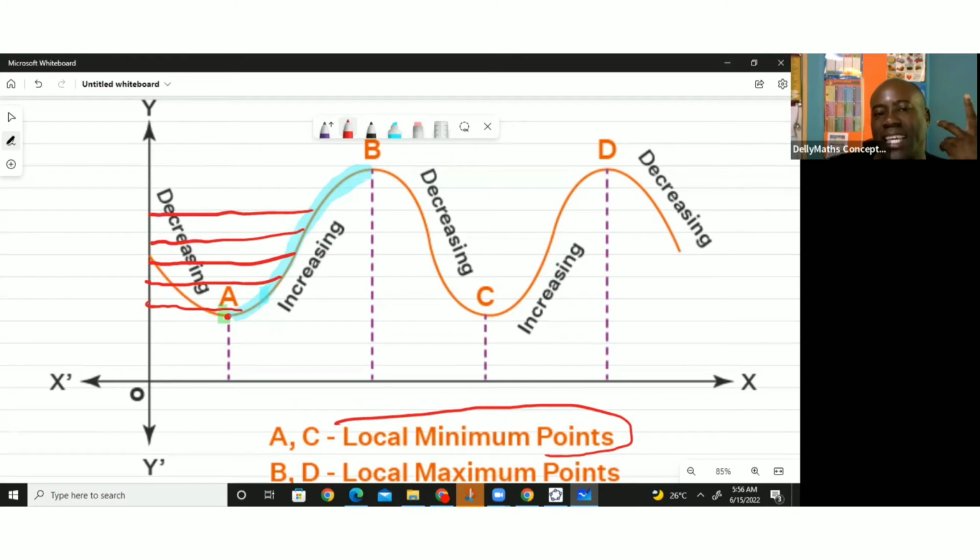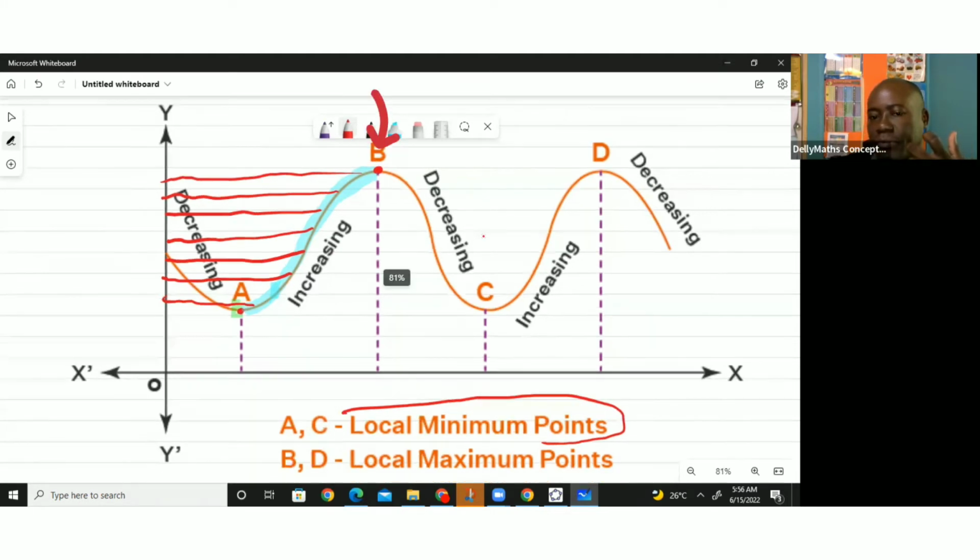So the graph is increasing, and it increases until it reaches a point here at B where it is at its maximum. We call that a local maximum, right? So at B, I have a local maximum, and it is not increasing anymore because I'm not going further upwards, and it's not decreasing either.